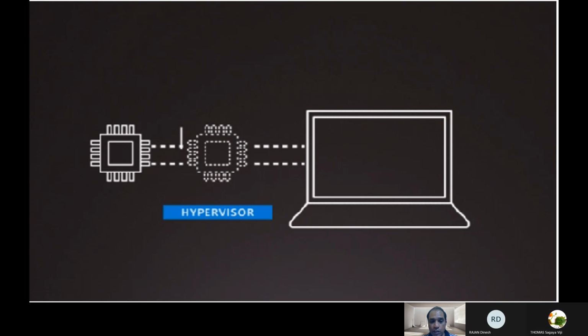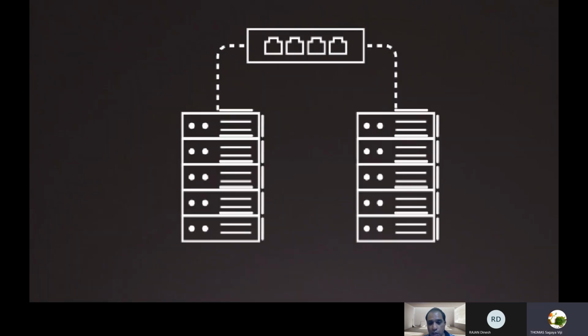So this is the hypervisor. Next is the VM we are going to install. This is the physical server. If any of you happen to see servers in a physical location on premises, the server looks something like this.